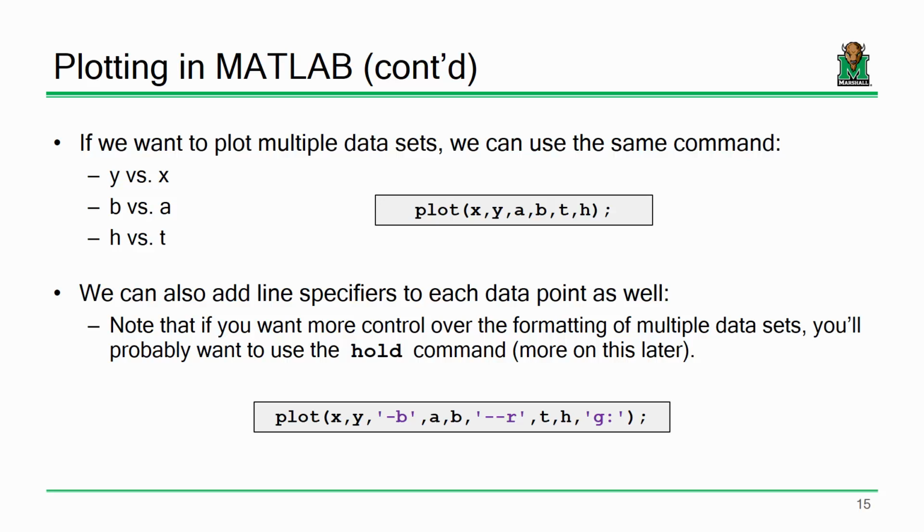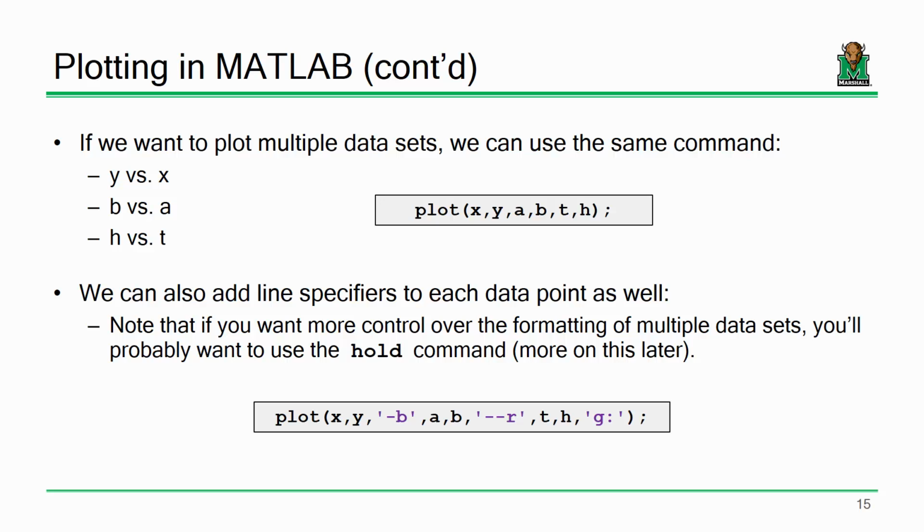First off, you can actually plot multiple things on the same graph very easily by just going on with your variables. If you had something like plot x, comma y, comma a, comma b, it's going to create a line of X and Y, and a line of A and B. So you could keep going on as many times as you wanted if you had 4 or 5 different data sets that you wanted to plot onto the same graph.